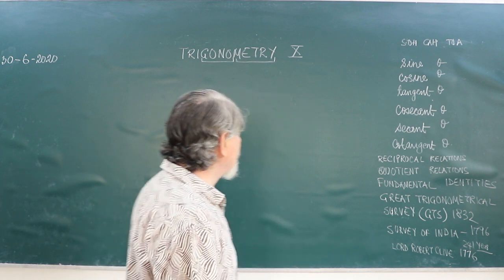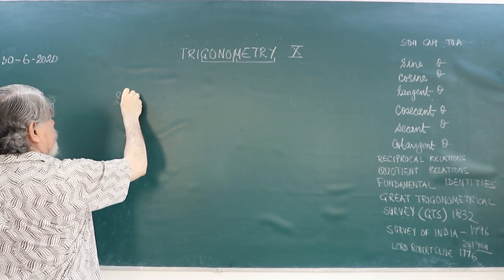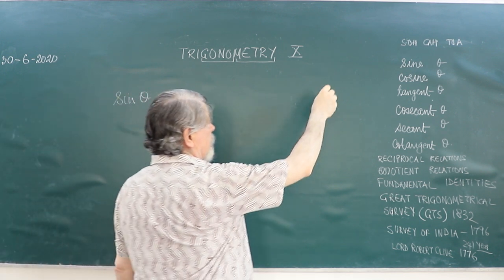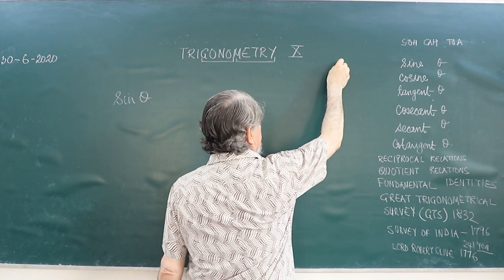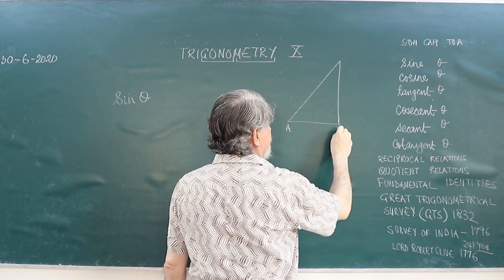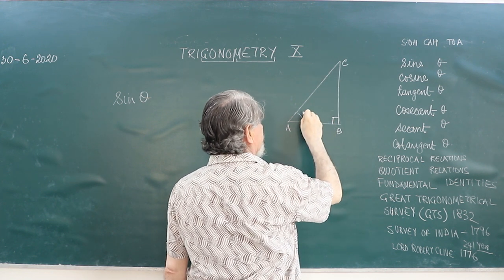Quotient relation. Now let us see sine theta. Let me take a triangle ABC, where this angle is 90 and this angle is theta.